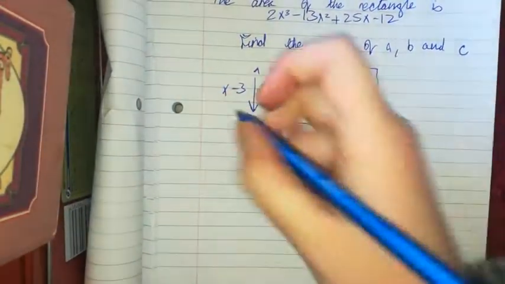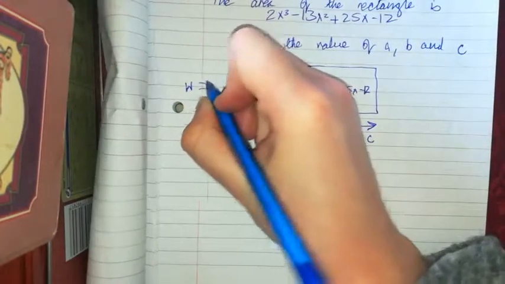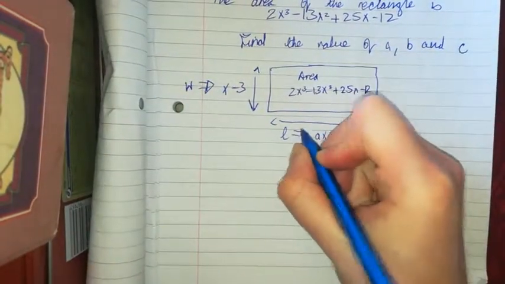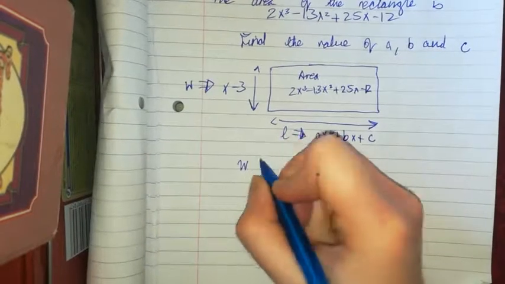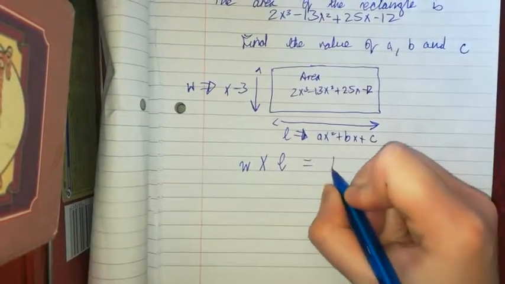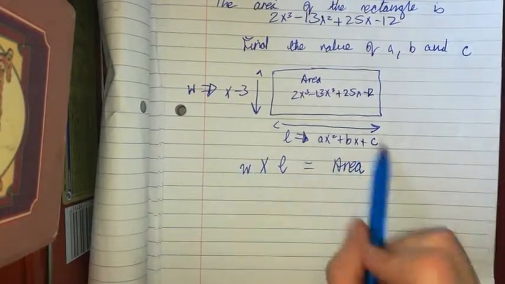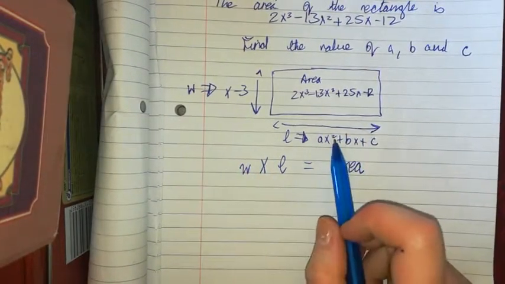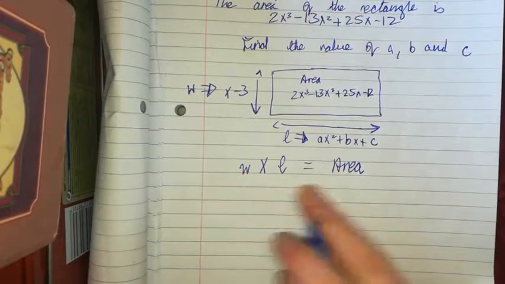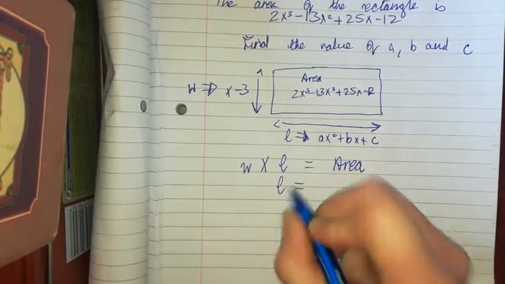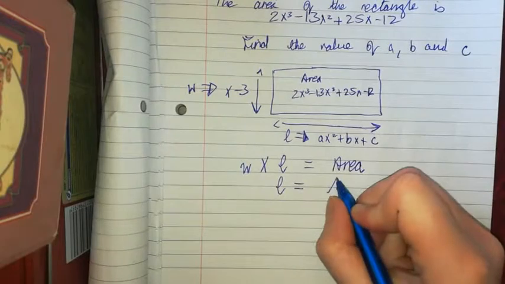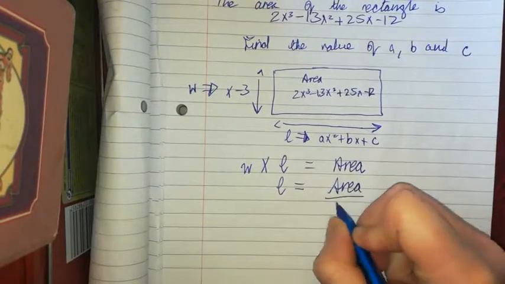One thing I should note: say this is my width, and this is the length. If I multiply my width by my length, I get my area. If I only don't have the length, then dividing both sides by w, the length is equal to the area divided by the width.